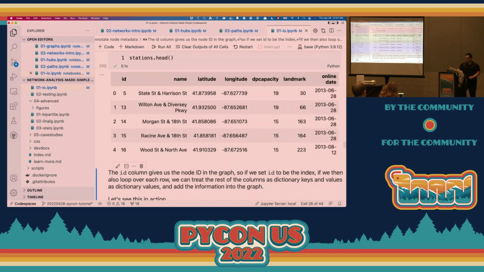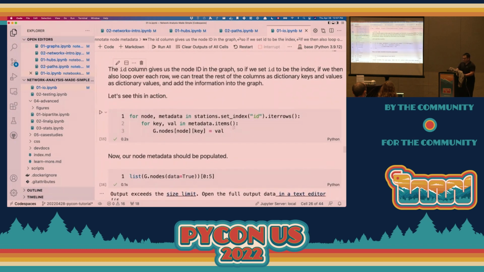If we wanted to, for example, add the name, the latitude, longitude, the capacity, landmark unique identifier, and the date at which this thing came online, then we would need to loop over the node table, grab out the metadata that we want, and add them as key value pairs inside the graph, all right? So there's no automatic way to handle the node metadata just yet, but the edge metadata is automatically handled, all right? Questions at this point?